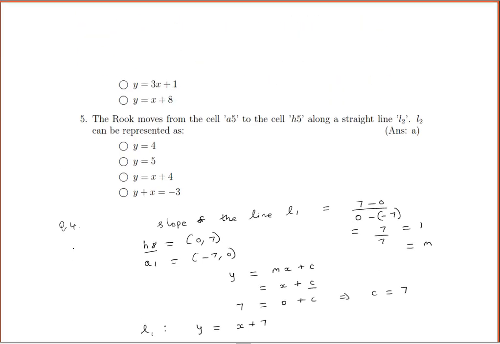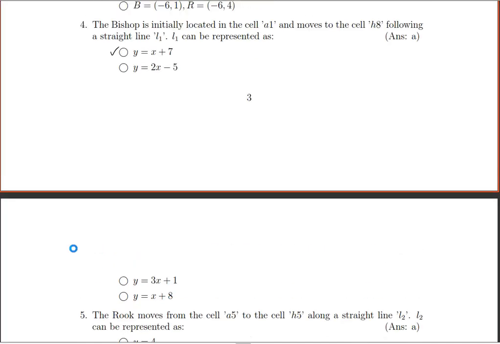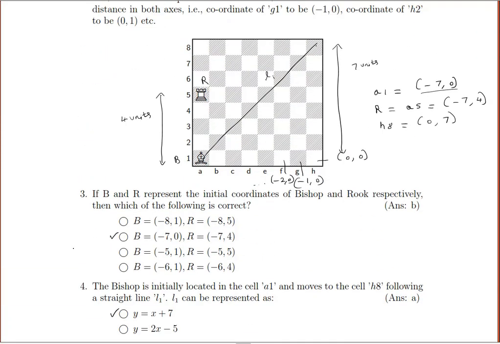Rook moves from cell A5 to H5 along a straight line L2. We go back to the chessboard. From A5 to H5 is here. So this is the line L2. We need to find the equation of line L2.